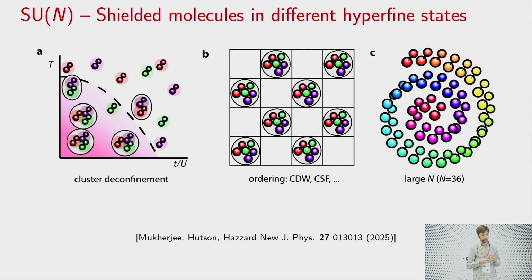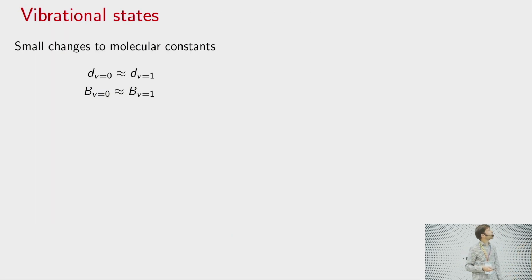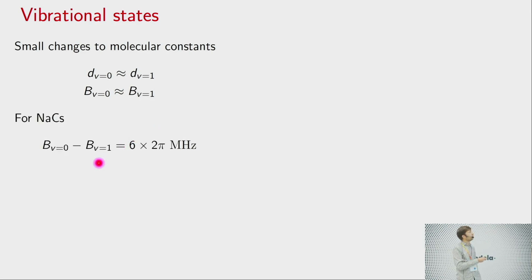So the idea was, okay, but you can still ask, if I want to make my interaction state dependent, can I do it with shielding? And so the idea that I wanted to put forward is to encode pseudospin not in nuclear spin states, but in vibration. So the idea is that you change molecular constants by a very small amount, relatively speaking, but actually in absolute units, the change in rotational constant, this is for sodium cesium, is 6 megahertz.